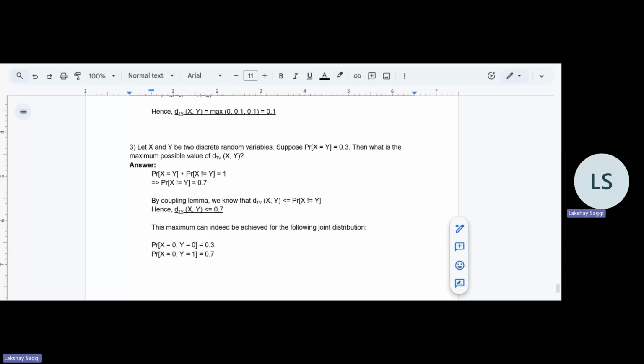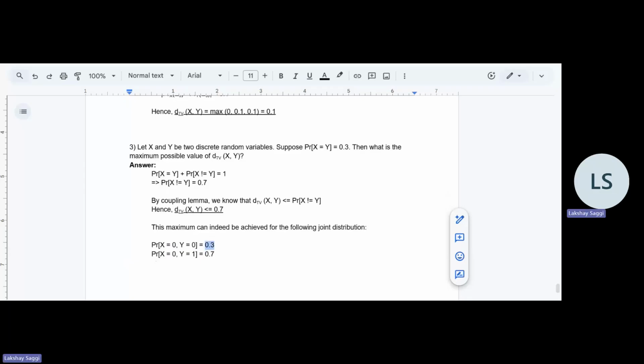I hope what I just said orally makes sense. If we find the marginals from these distributions, then the probability that x equals 0 is 1, whereas the probability that y equals 0 is 0.3.